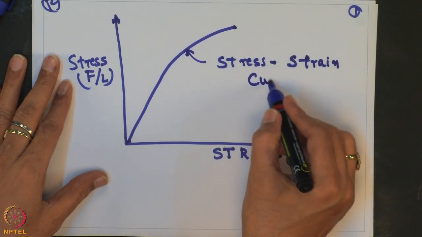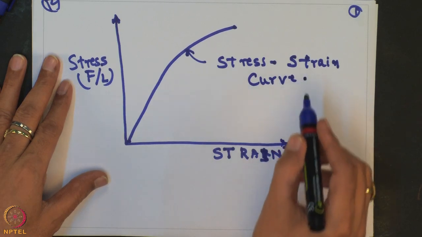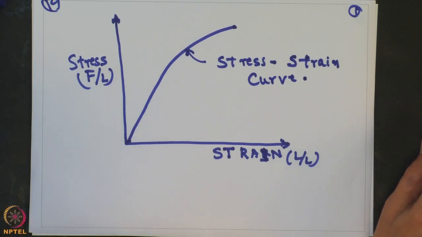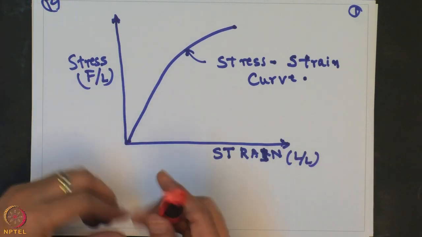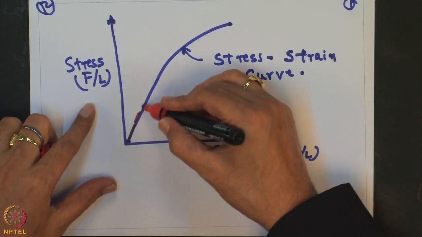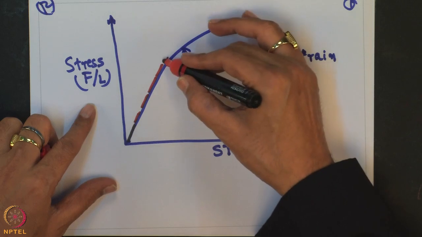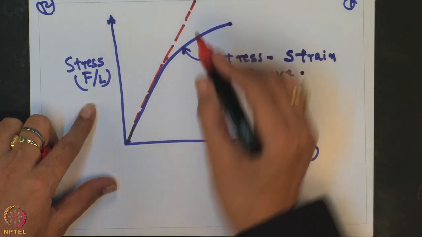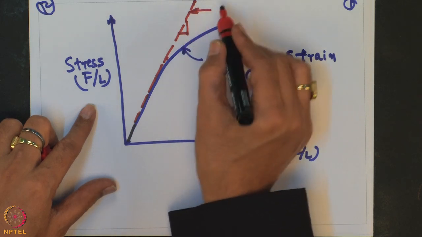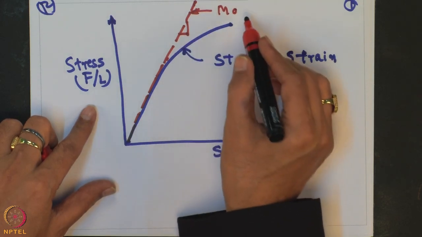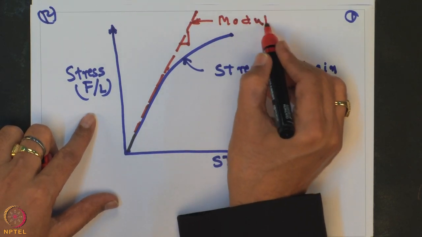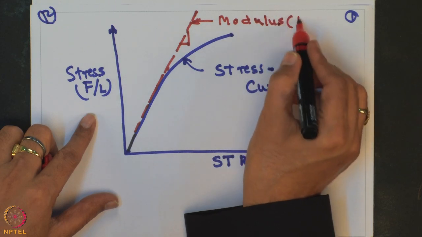From this stress strain curve we want to determine what will be the initial tangent modulus. If we draw a straight line from the origin tangent to this curve, the slope of this will give you the modulus.